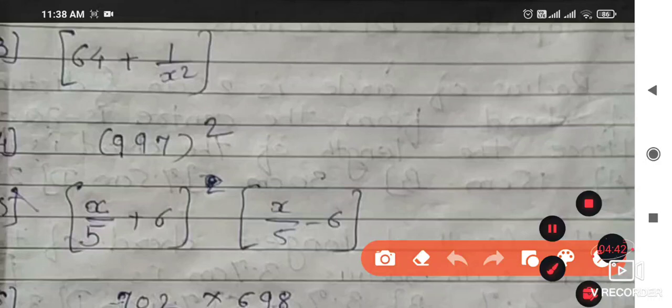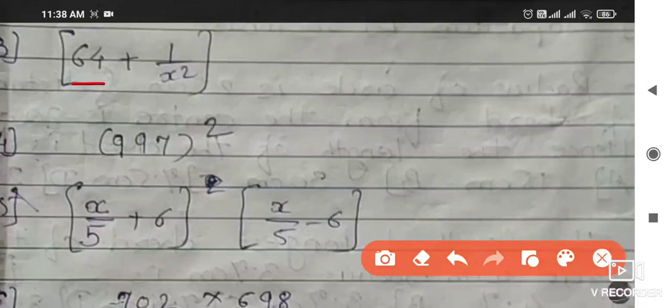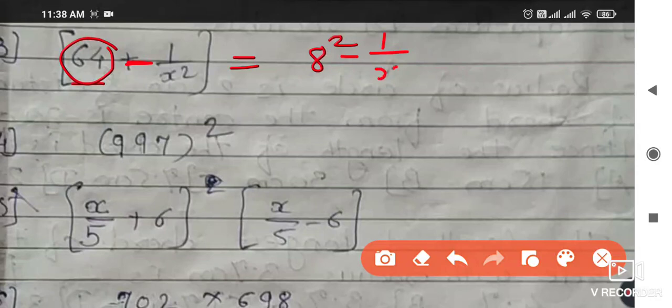In this example you will notice it is 64 plus 1 upon x square. Here this 64 is the square of 8. Actually by mistake I gave the wrong sign. Here we want the negative sign. So 8 square minus (1/x) square.